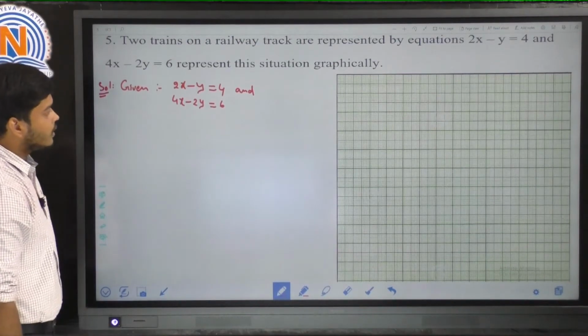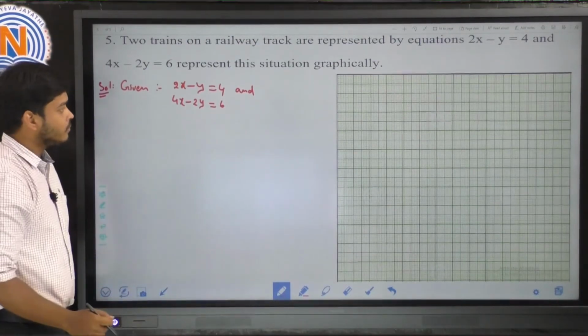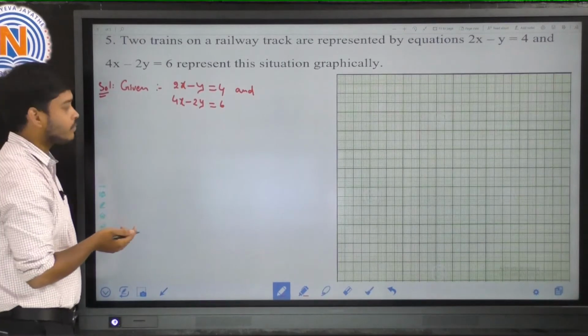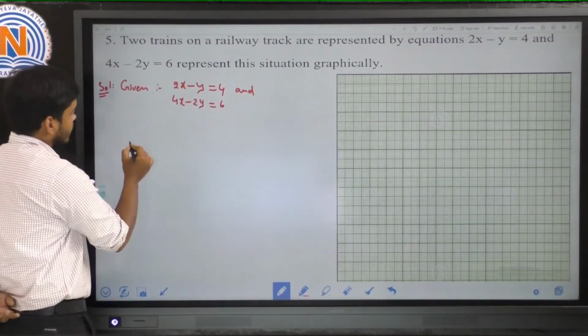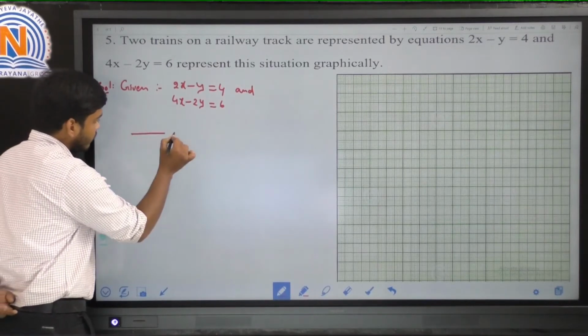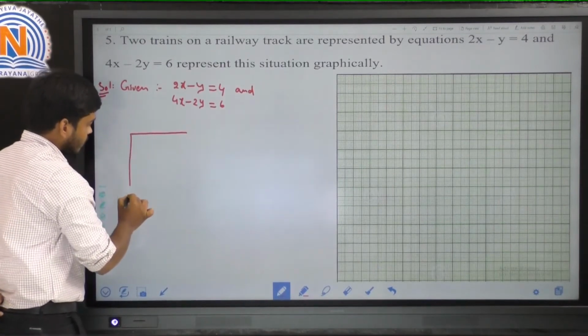See children, here now I am representing on a graph without doing the conditions. See, I'm taking one tabular form.